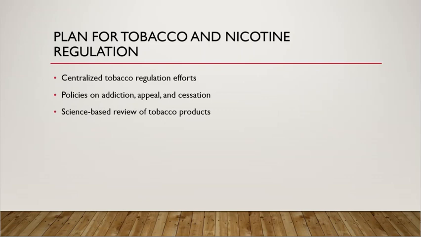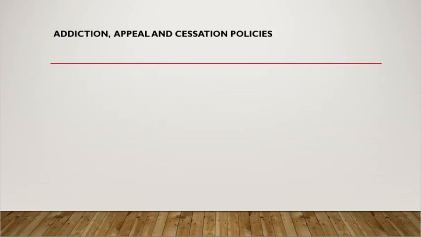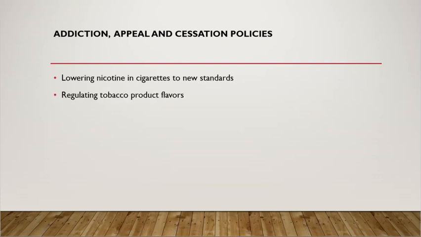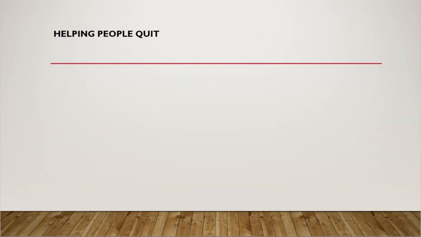And they're going to try to do this through a science-based review of tobacco products, and through that come up with a youth tobacco prevention plan. With respect to addiction, tobacco appeal, and cessation, the goal is to lower nicotine in cigarettes to new standards, regulate flavored products, and regulate premium cigars.